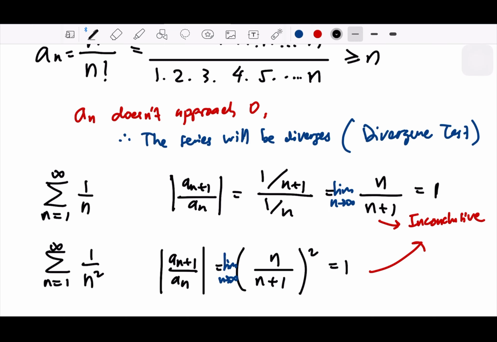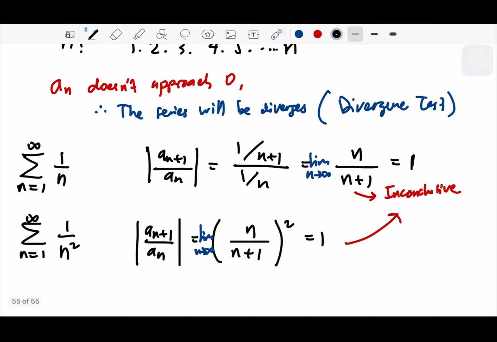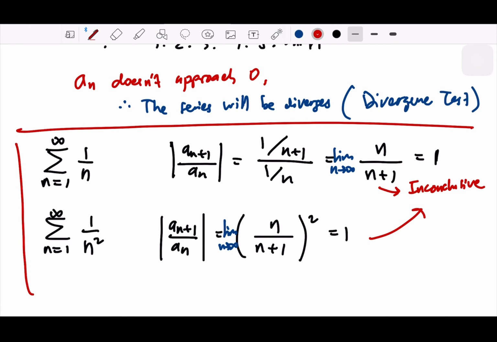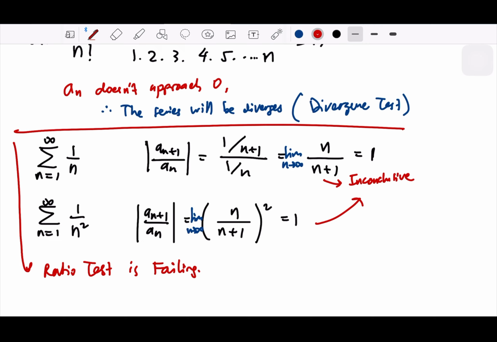So that's the ratio test: just using the limit, and then taking a comparison between a_{n+1} and a_n. But this is an example of inconclusive. So this is where the ratio test is failing.